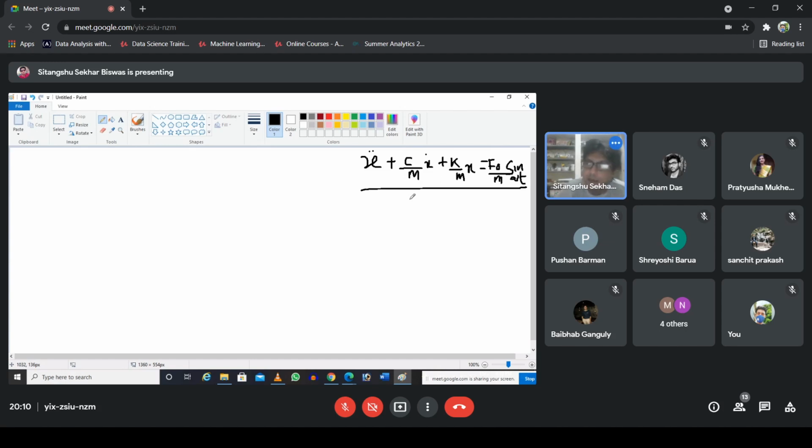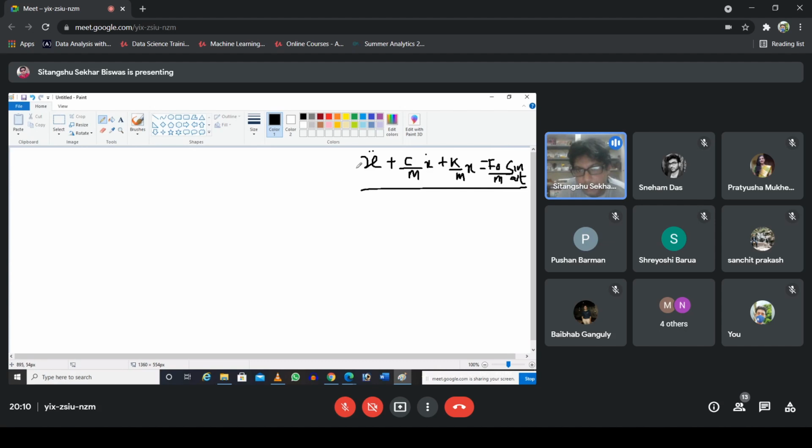Zeta is the damping factor, and omega n is the natural undamped frequency, and k by m is equal to omega n square, and omega is the instantaneous excitation, or the rpm at which the rotor is rotating.